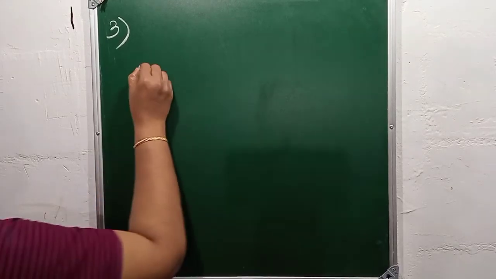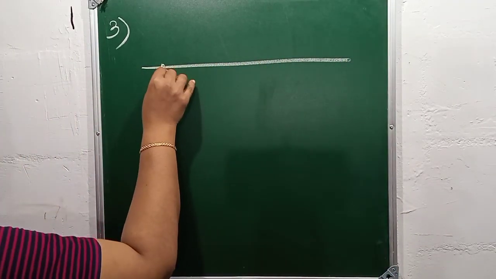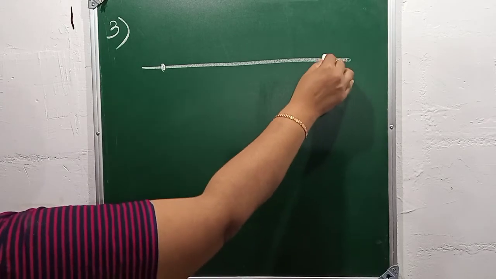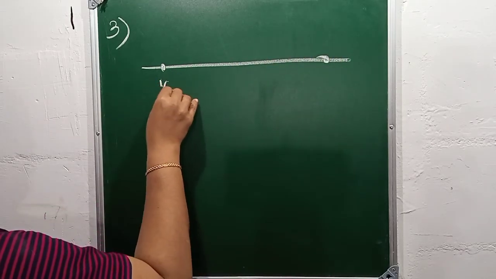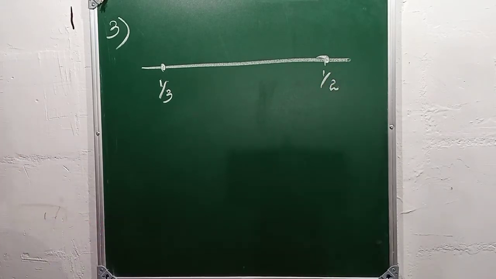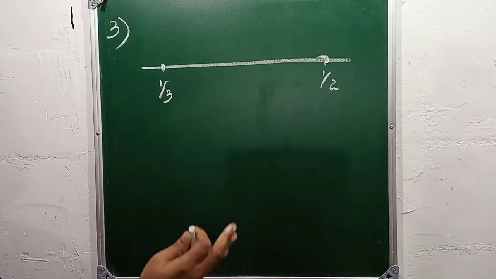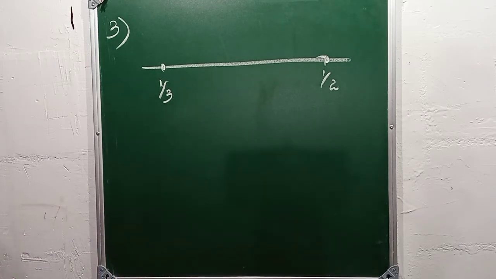Suppose this is our number line and we take the distance between the points 1 by 3 and 1 by 2, and this distance is divided into 4 equal parts. 4 equal parts means, by using 3 points we can divide it into 4 equal parts.